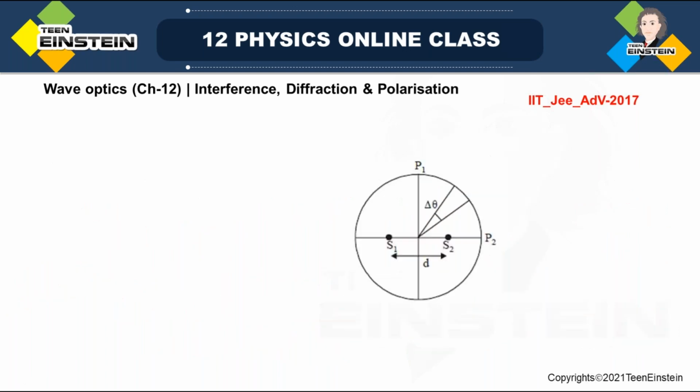Now the second option, option B: a dark spot will be formed at the point P2.